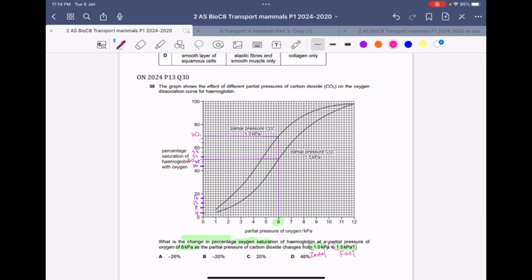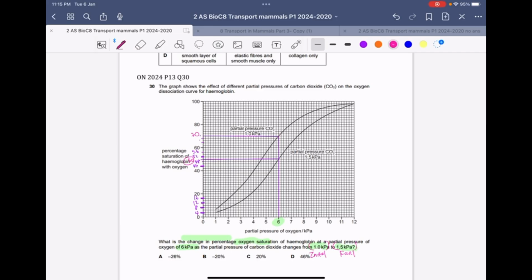So you need to use the final value to minus the initial value. So from the 1.5 kPa, right, it is around 50%. So you can see here, right, it's a 50%. Yeah, you need to calculate the scale bar, okay? So one scale bar, right, is equal to 2 like that.